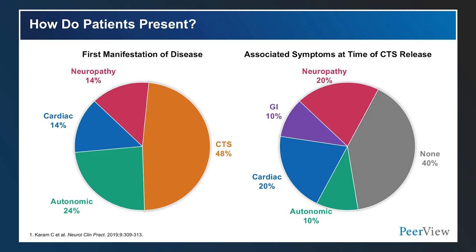This was a paper that Dr. Karam did looking at a variety of patients presenting for a first manifestation of disease, and he found that the delay in diagnosis was roughly 10 years that patients had carpal tunnel syndrome before getting diagnosed with amyloid.